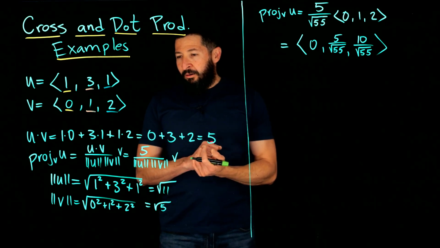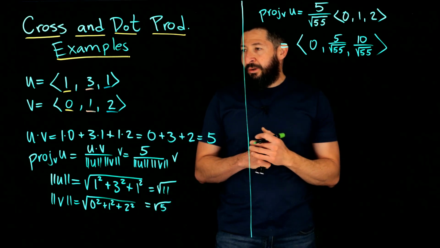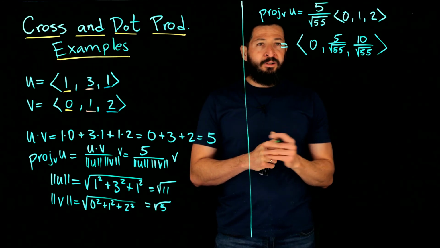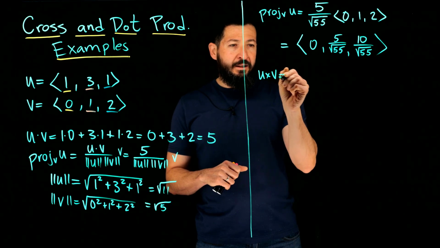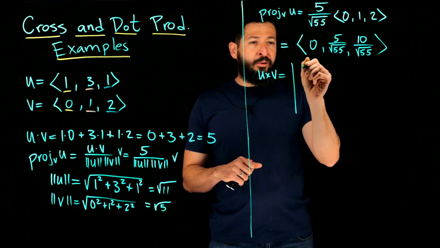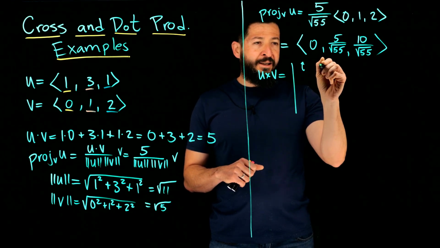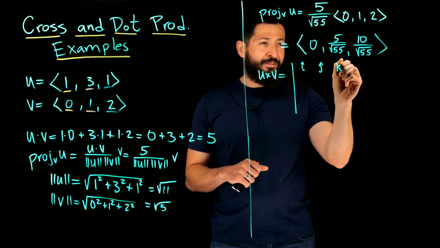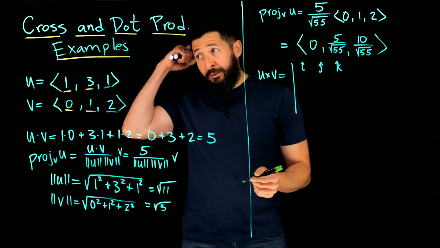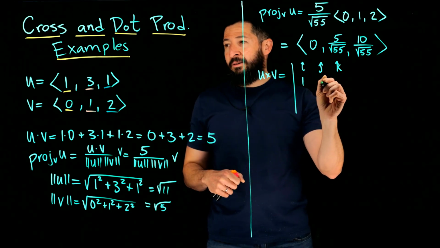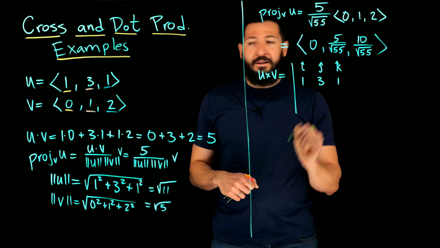All right, so now let's take a look at how you compute a cross product. So the cross product between u and v. Again, you're going to do your matrix with i, j, k. And you're going to put the coordinates of u as 1, 3, 1, and then v.